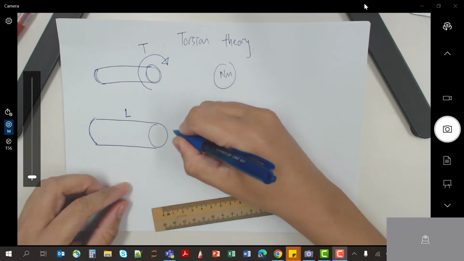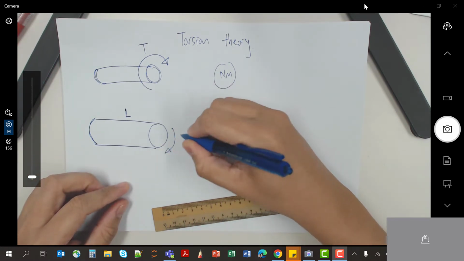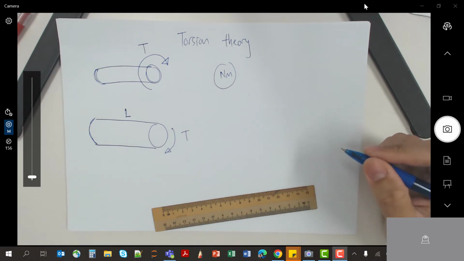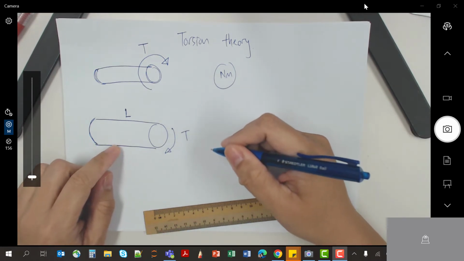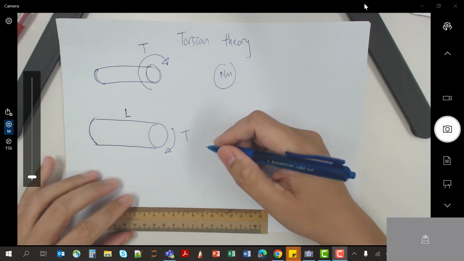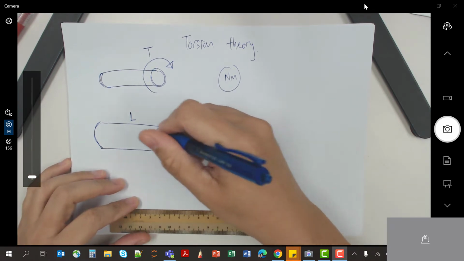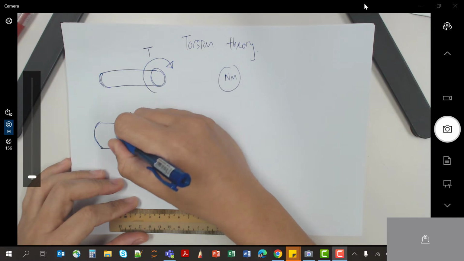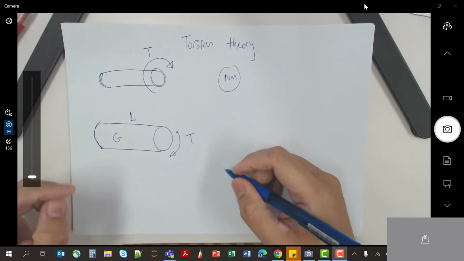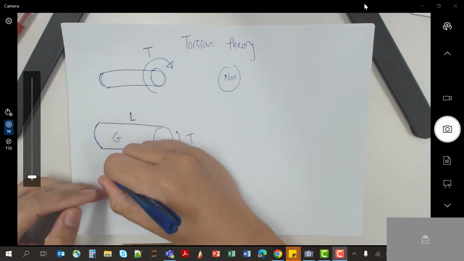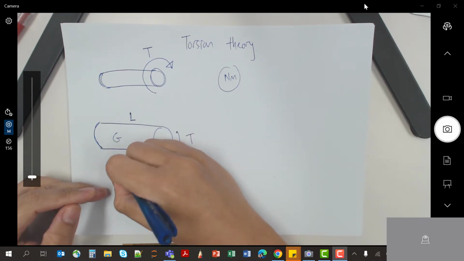When you apply a twist, of course, this is your T. Depending on what material, it will have a certain nature, so for this we are looking at G. You have learned it during your stress and strain. It is the modulus of rigidity.